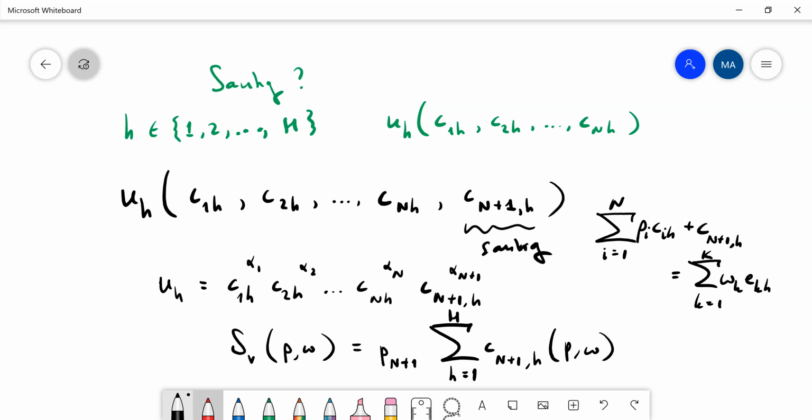So if you imagine a simpler example, you have first good, alpha 1, you have second good, alpha 2, right? And you have the M+1, and this is 1 minus alpha 1 minus alpha 2.